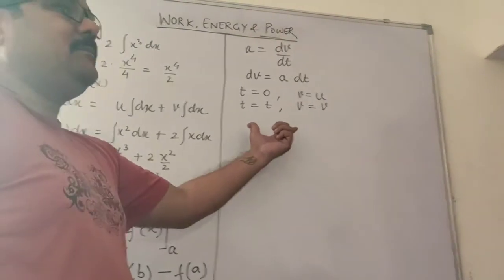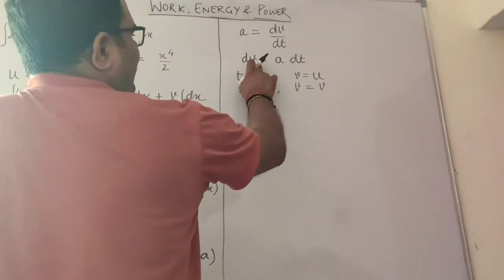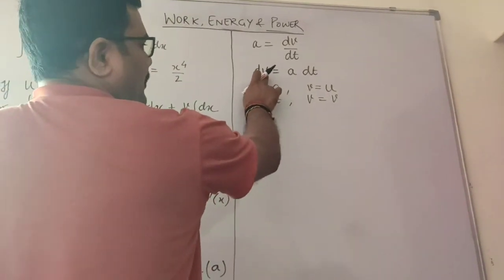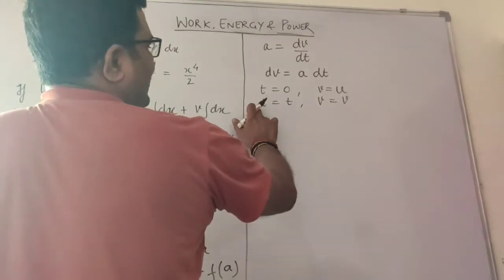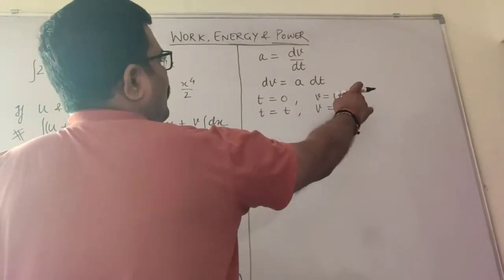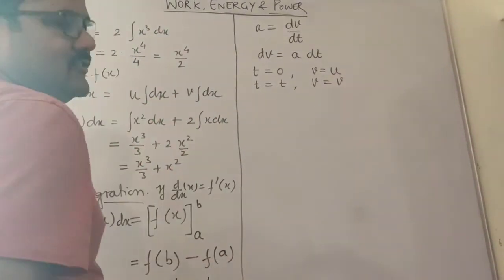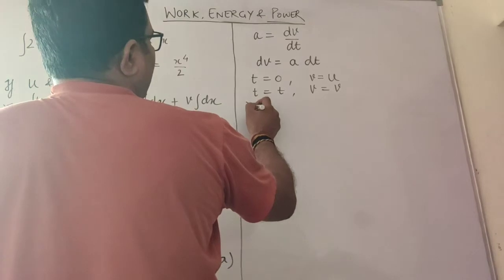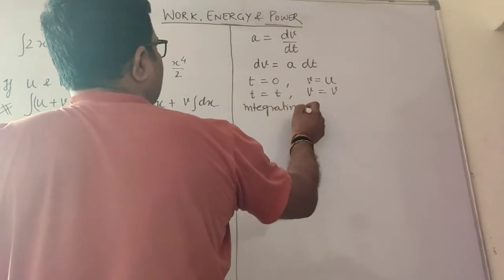This is an important step for the concept. dv is for the operator as velocity, dt is for the operator as time. Here I am having limits. The lower limit is 0 for time, the upper limit is t. The lower limit for velocity is u, the upper limit is v. I am applying the integration sign.